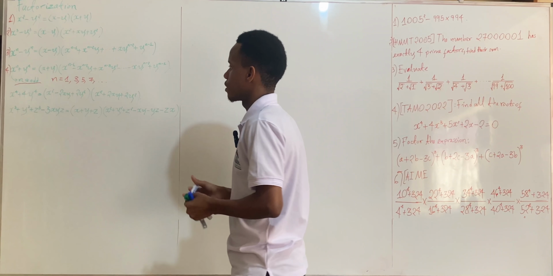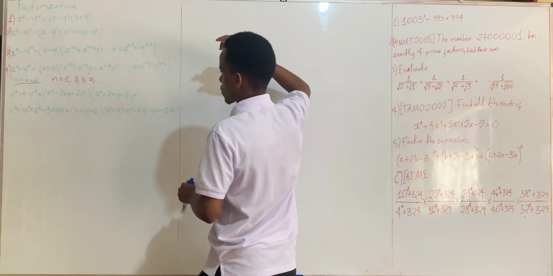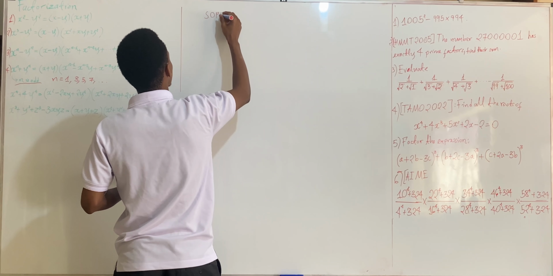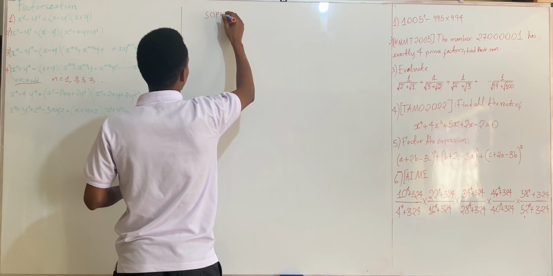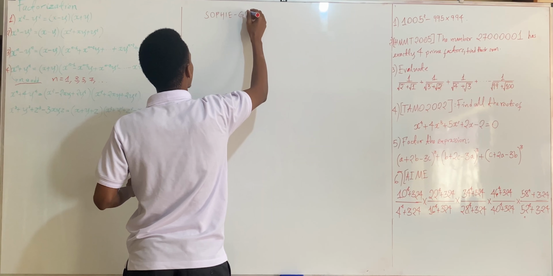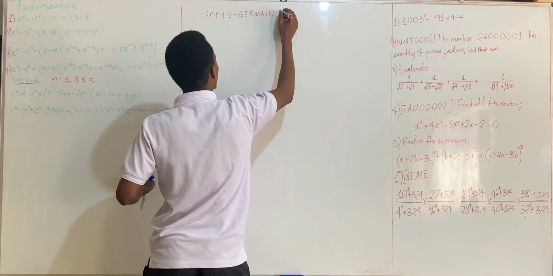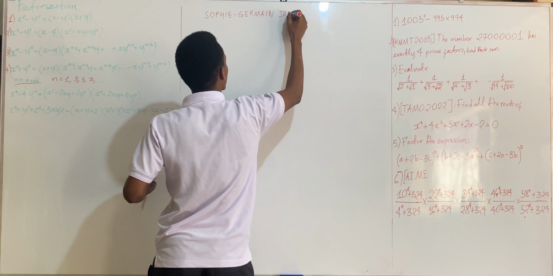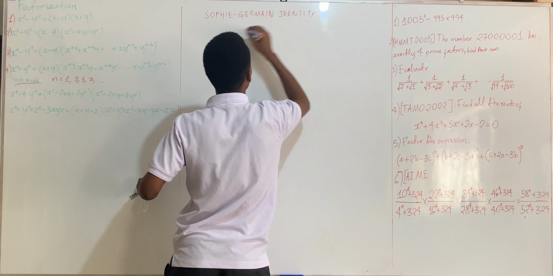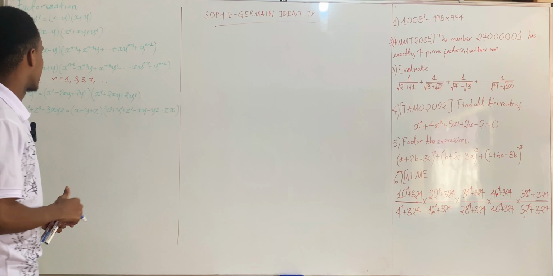So there is the factorization, I think it has a name. It's called the Sophie Germain identity.